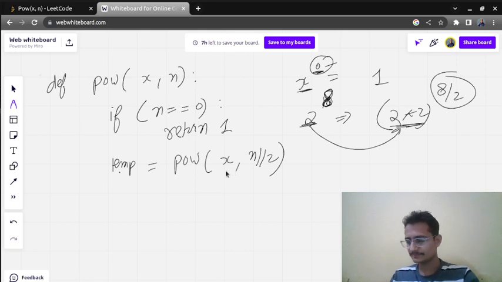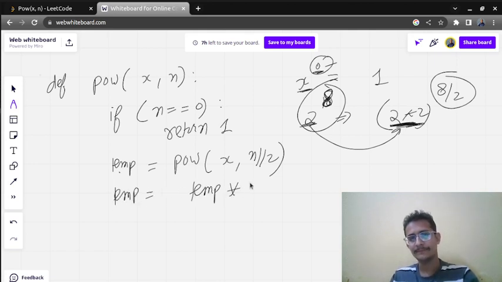Perfect, this is done. Now we need to multiply the base also. Suppose in solving this we got some solution, that should be multiplied by itself. So temp is equal to temp into temp.